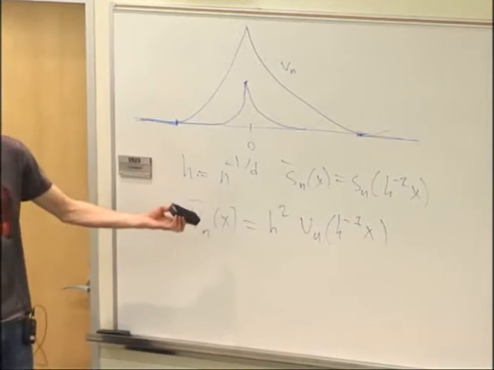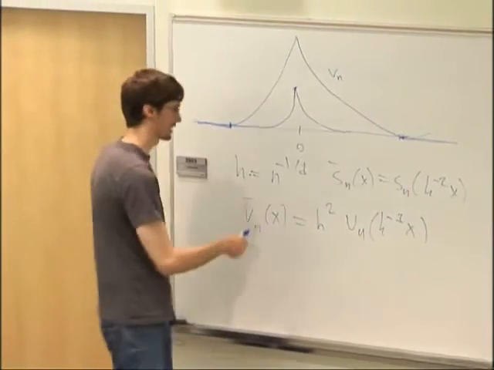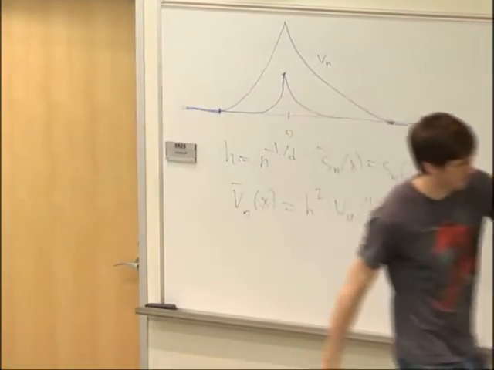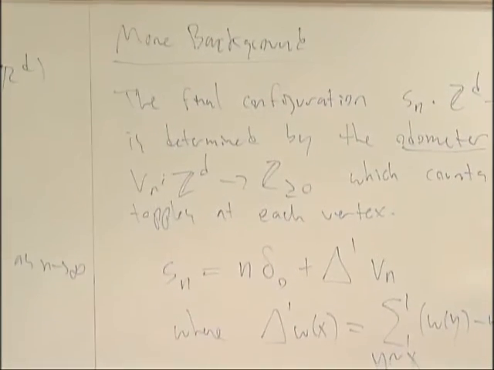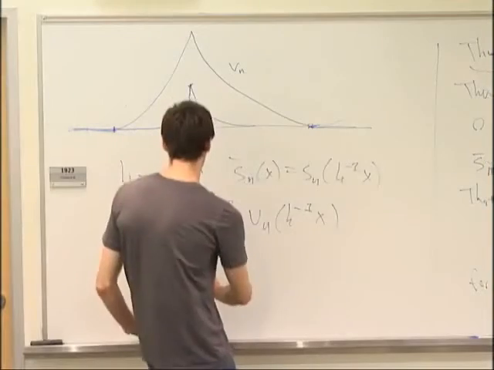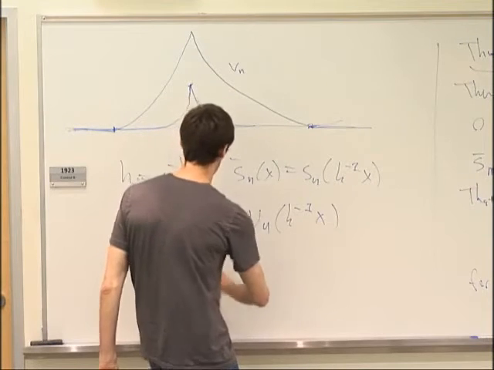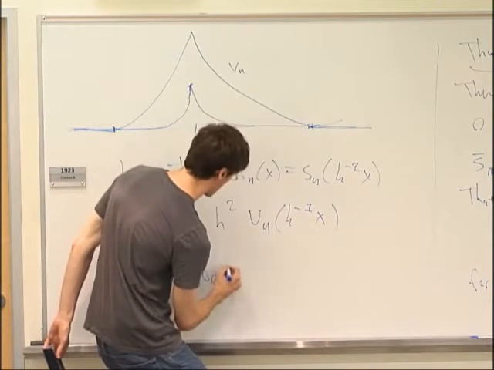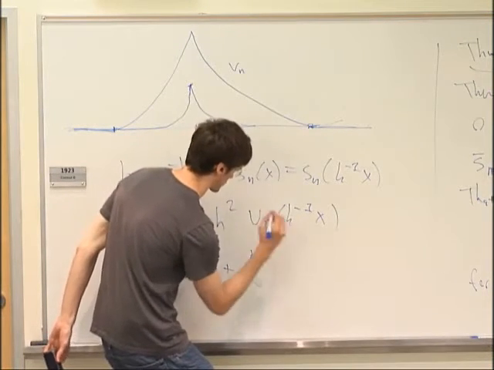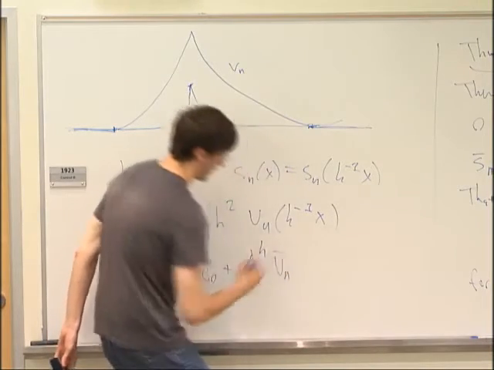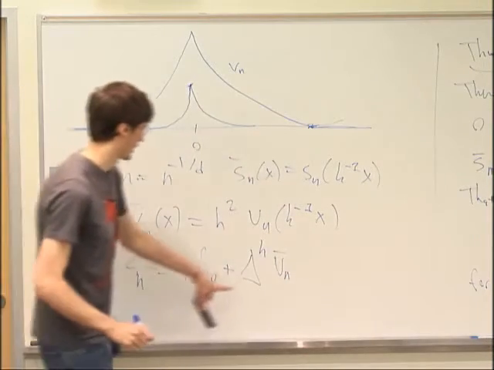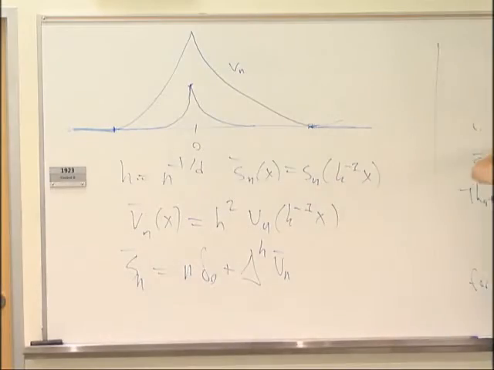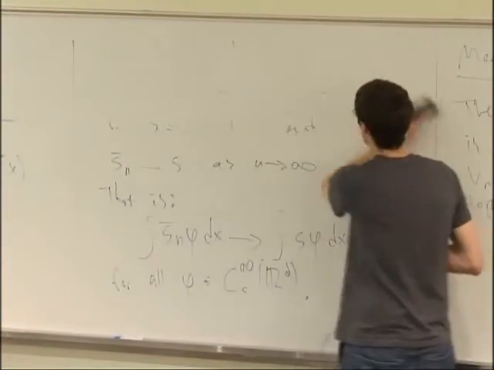So why is this the natural rescaling? Well, it's natural because it preserves this calculation here. It lets us write Sn as n times a Dirac at the origin plus the h discrete Laplacian of Vn, which is exactly what you would expect.